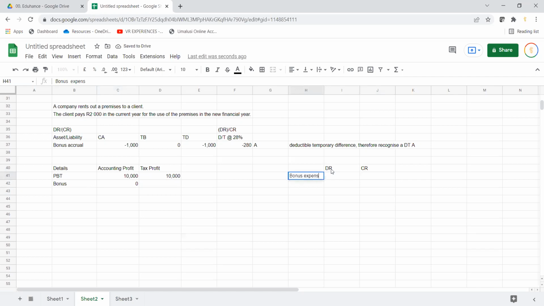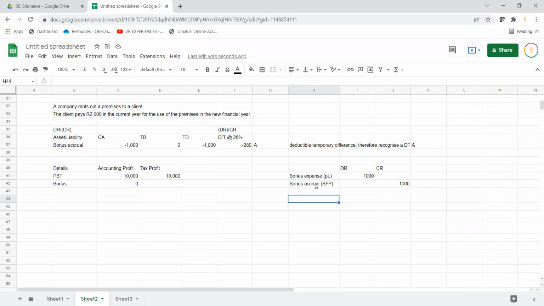Debit bonus expense, P&L, 1,000; credit bonus accrual, SFP, 1,000. In future periods, when accounting settles this liability, a liability decreases on the debit side.